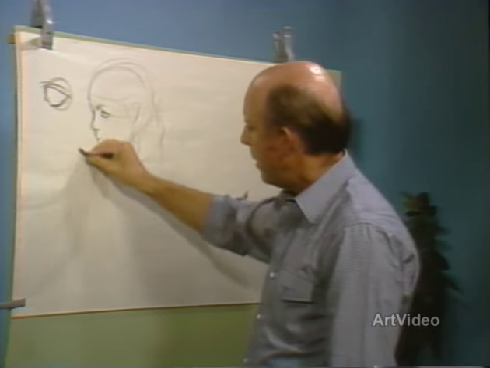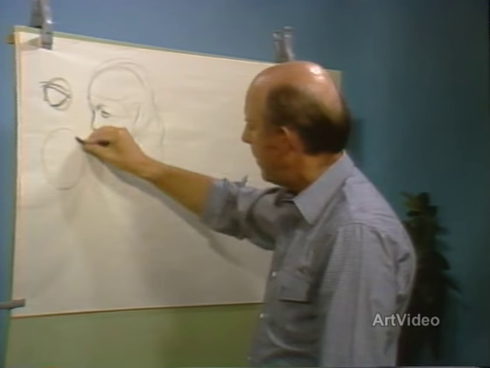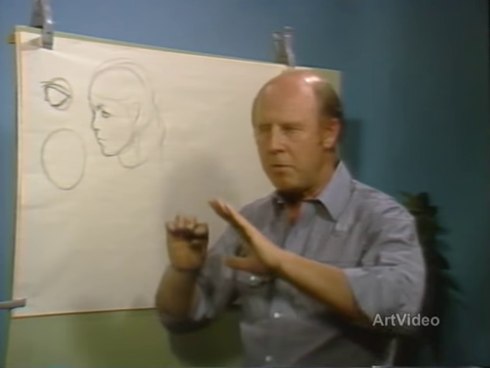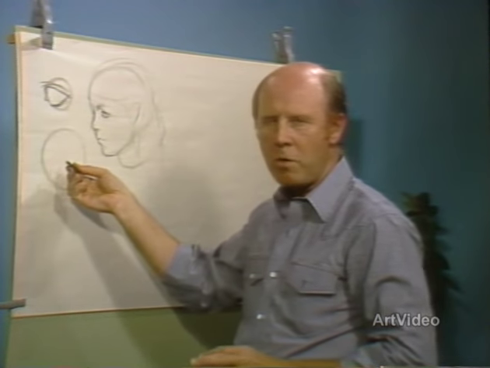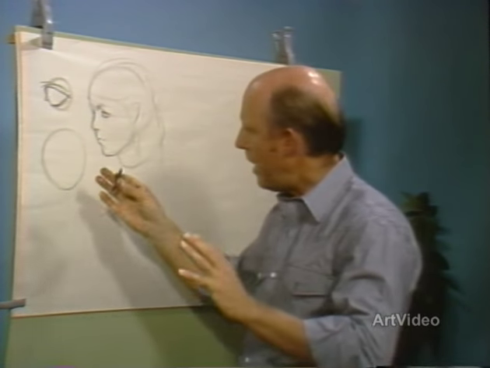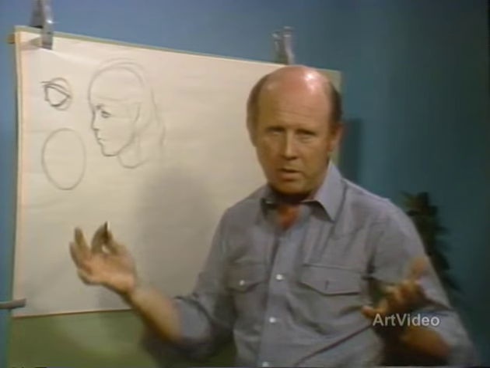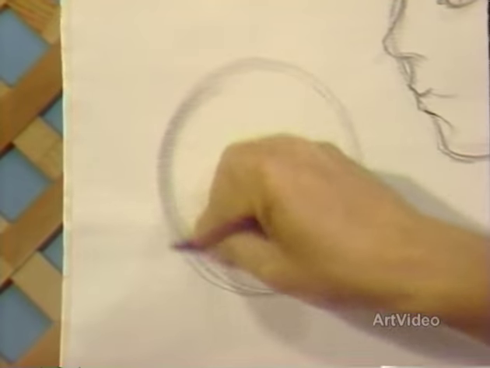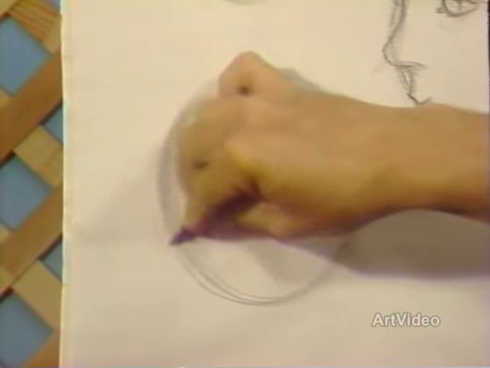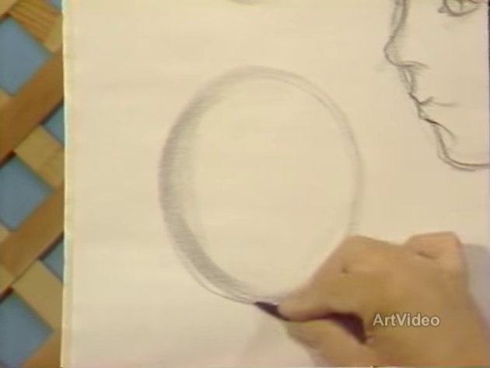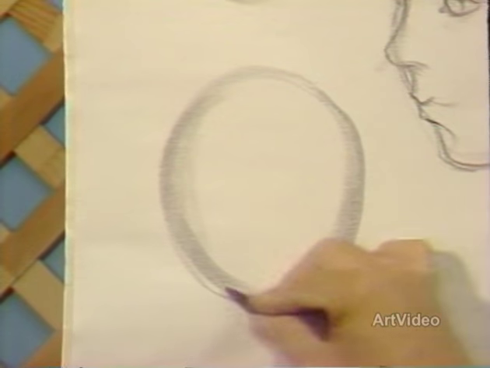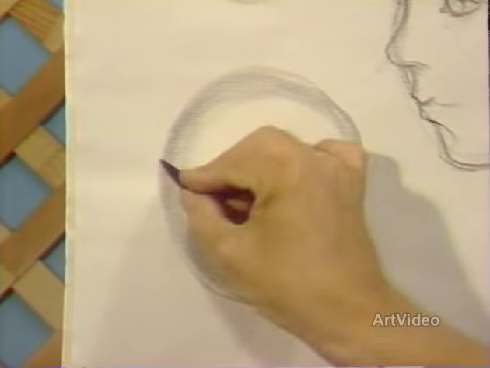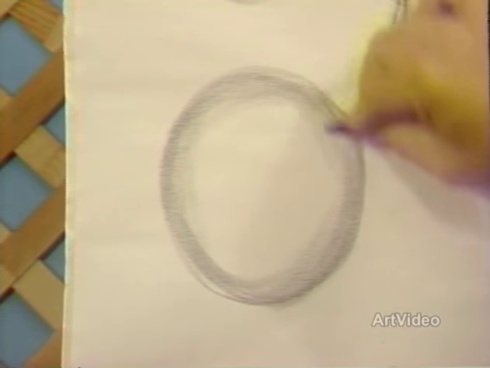So when it comes down to starting to render or put the tone on the figure, I work with this basic idea. If you had a bowling ball, an egg, what have you, basically the idea is that we push the tone to the outside edge. We want to make something look round. What we do is we make this tone go to the outside.